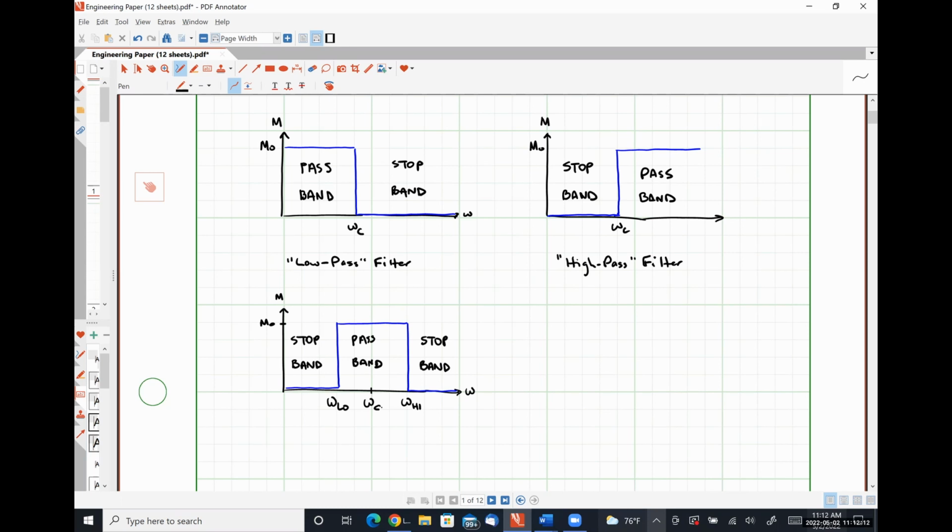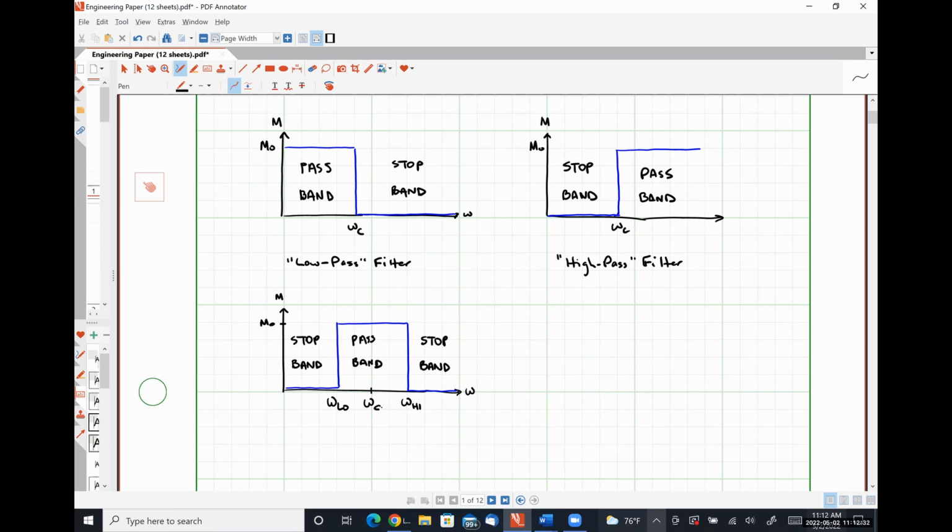So all of these omega C's are going to be where the impedance of our filter is going to be purely real. So that's why I'm using the same subscript for everything, even though it behaves mildly differently depending on things, right?